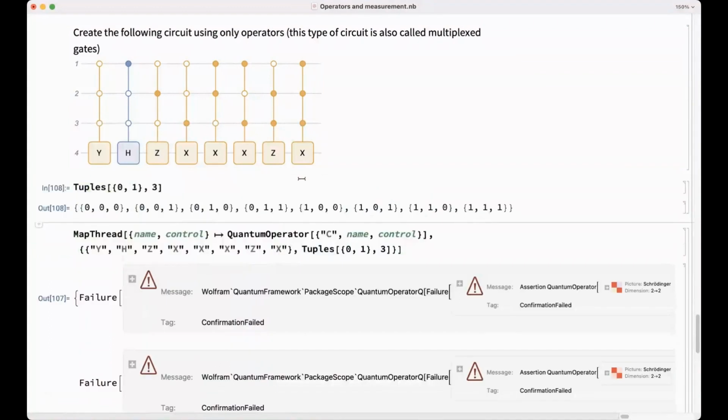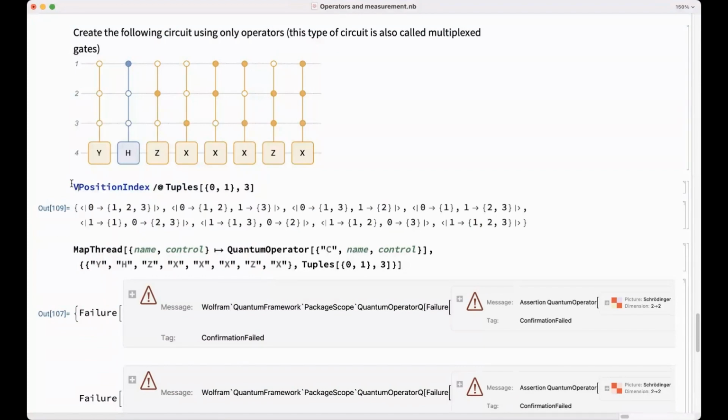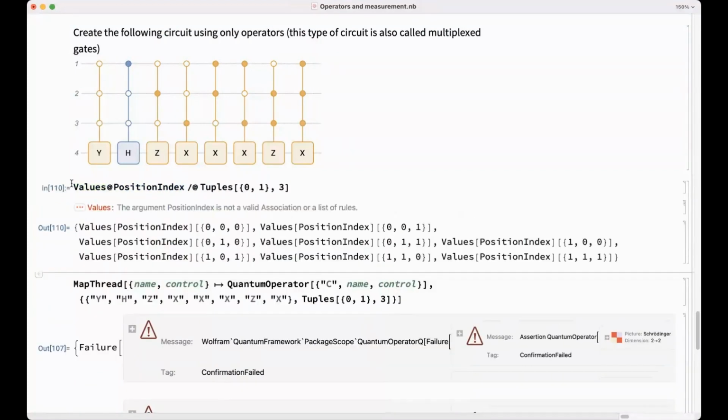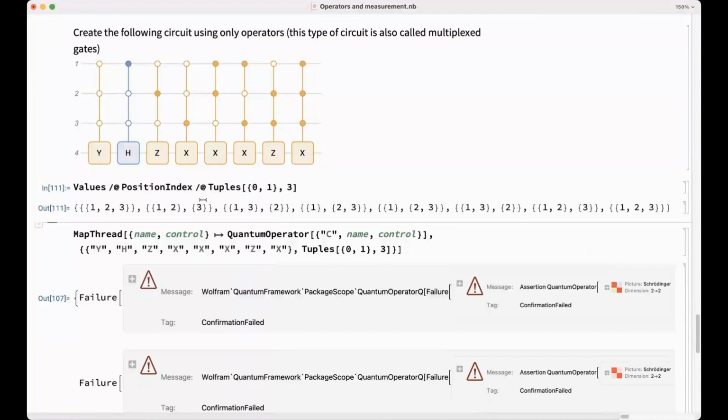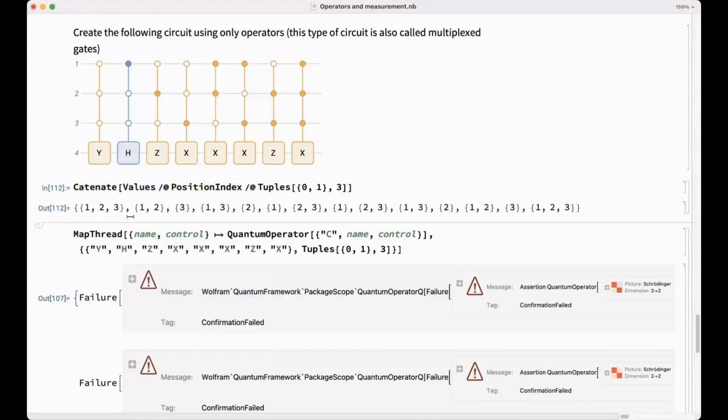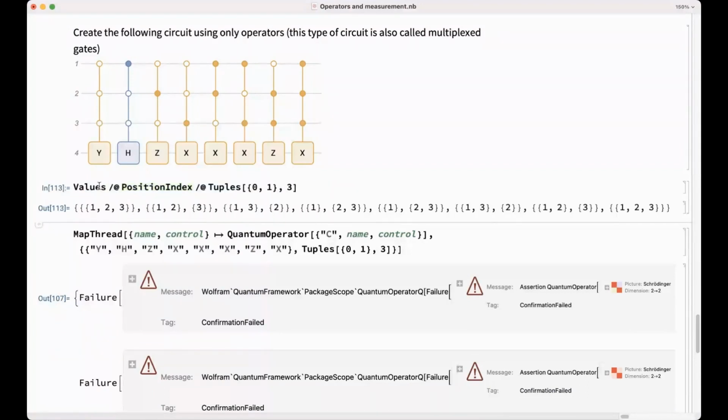So we have to create 2 lists, so we have to split it. Let's just do this and the values of them, 1, 2, 3. But remember, 1, 2, 3 is your control.